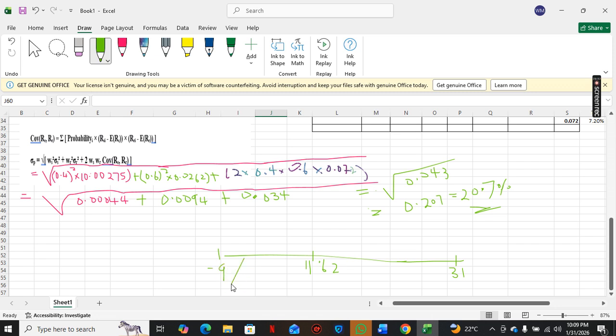Okay, I've just rounded off the 20.7% to 20 and the 11.62 to 11. So basically, this is the range where you might find your returns if you invest in both A and B. On average, expect to get 11.62%, but that's not guaranteed.